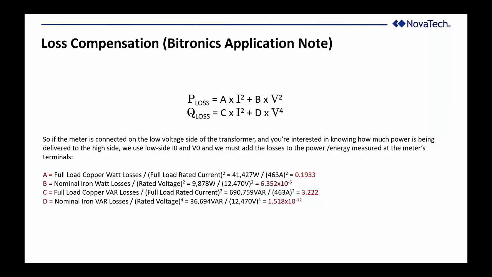impedance in it. Basically, the difference between line losses and transformer losses is simply that there are no core losses in a line. You have watt losses and VAR losses, but you only have the A and the C factors times the current, because I've got watt losses that are I squared R, and I've got VAR losses that are I squared X, but I don't have any losses in my line that are related to the voltage.